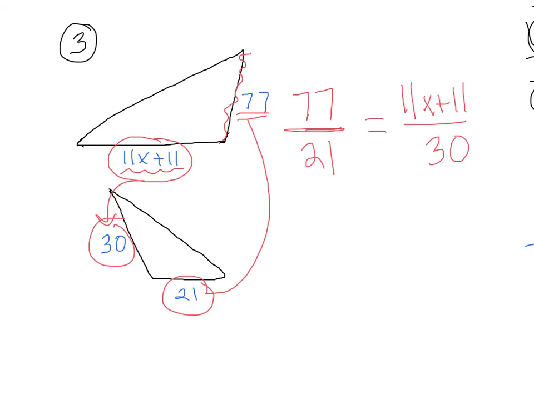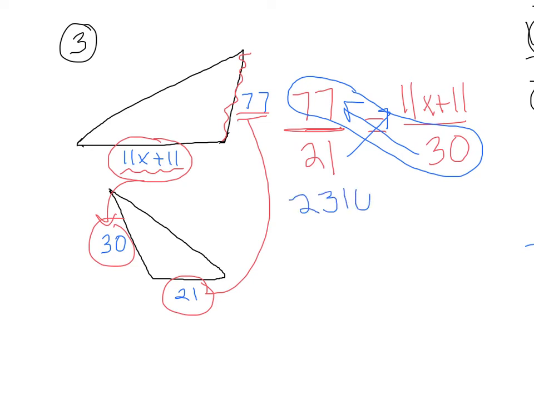Now as we use cross multiplication to solve this, let's first do the 77 times 30. I'm going to go to my calculator. 77 times 30 is 2,310. Bring down the equal sign. Now, as we do 21 times 11x plus 11, we need to use the distributive property. This is like 21 parentheses 11x plus 11.